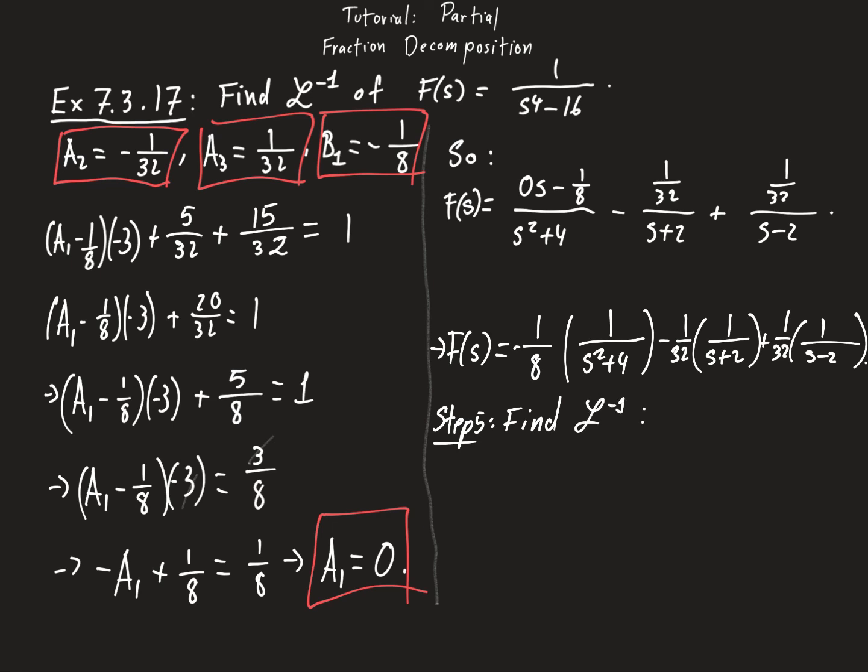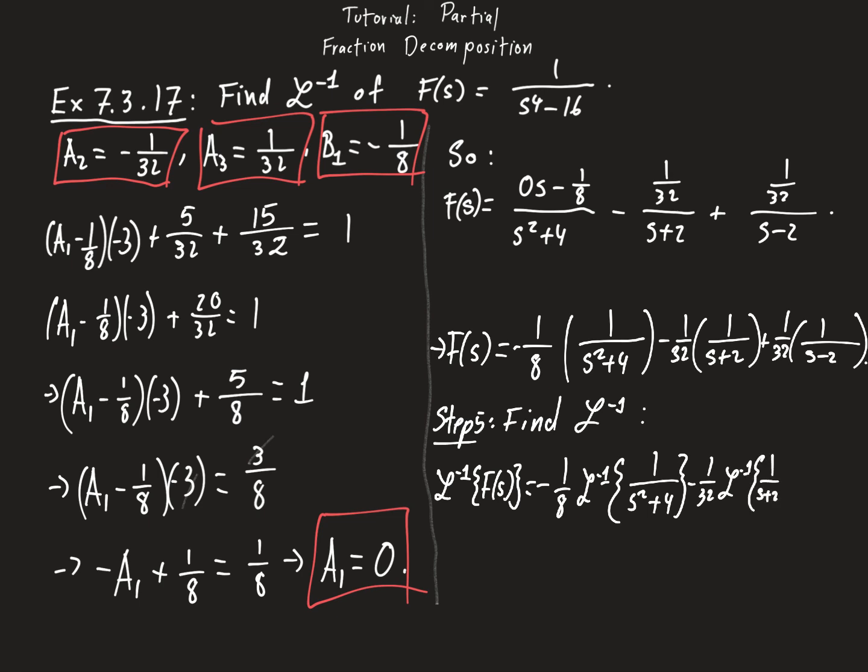Find the inverse transform. And by linearity, you will see that the inverse transform of f of s is going to be equal to negative 1 over 8 times the inverse transform of 1 over s squared plus 4, minus 1 over 32 times the inverse transform of 1 over s plus 2, plus 1 over 32 times the inverse transform of 1 over s minus 2.